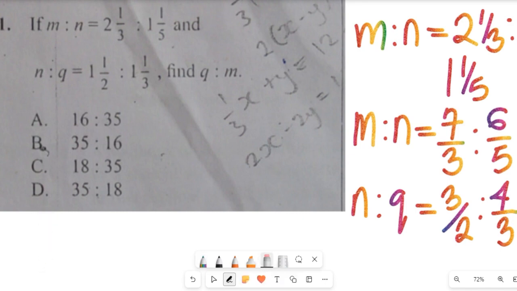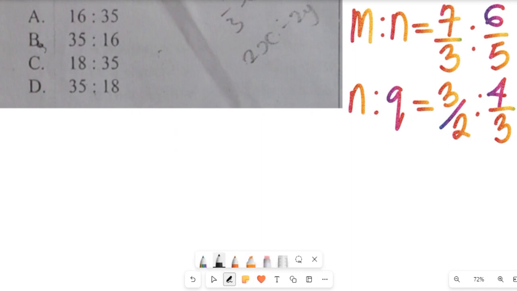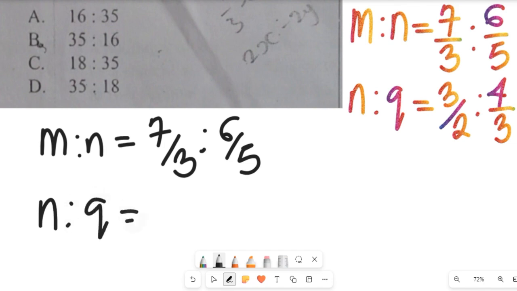So what we need to do now is to see how we can simplify further. Now let's bring those expressions out. We'll have m ratio n equal to 7 divided by 3 ratio 6 divided by 5, and n ratio q equal to 3 divided by 2 ratio 4 divided by 3.